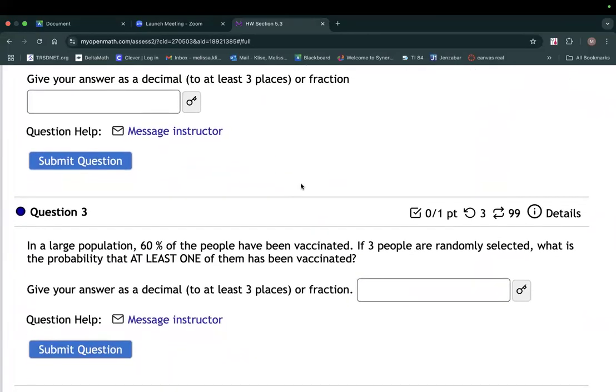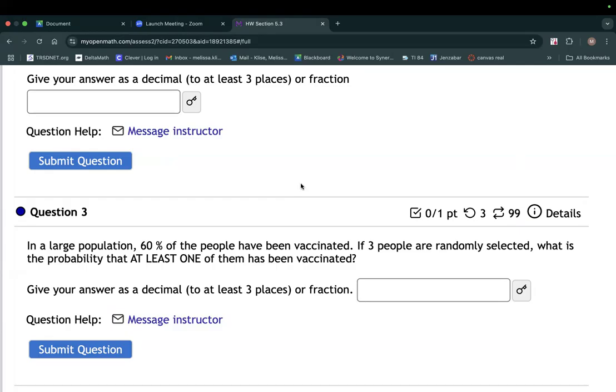This one says in a large population, 60% of people have been vaccinated. If three people are randomly selected, what is the probability at least one has been vaccinated? So what you are looking for is the probability that not all three have been unvaccinated. So you need to do one minus the probability that all three of them have not been vaccinated.